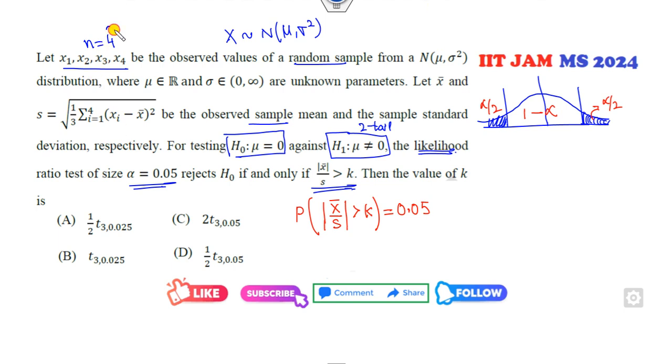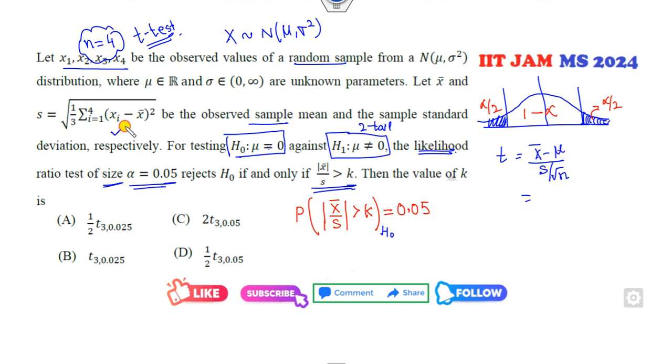Now, when the sample size is small, which test is applicable? That is the t-test. Now, mu is 0. What is the t-test? X bar minus mu divided by s over root n. Since it's computed under H naught, where mu is 0, this number will be 0.